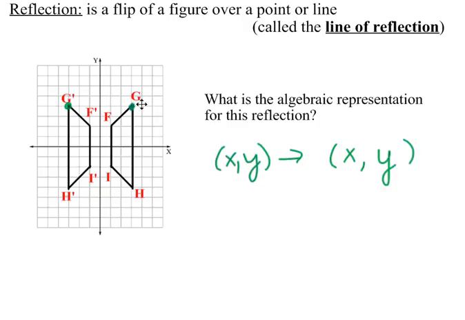Here, the x is positive and the y is positive. Here, the x is negative and the y is positive. So the one thing that changes is the x. So you can put a little negative x sign there. This is saying take the points of the figure and change them so that the x's are now negative and the y stays the same. That's how you write the shorthand for a reflection.